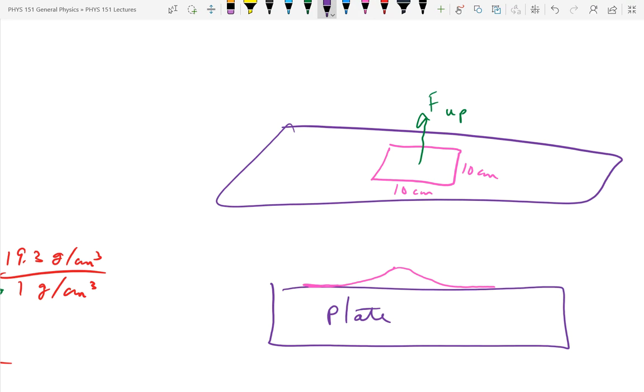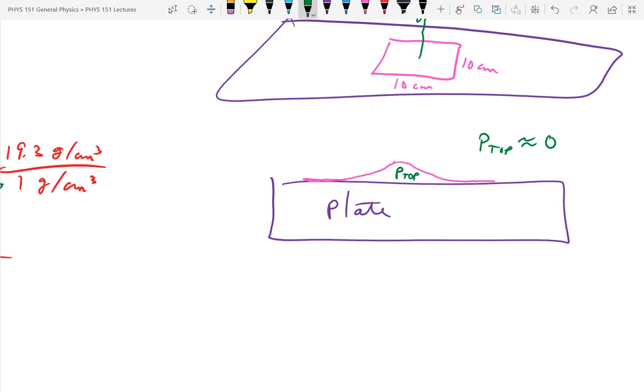We're going to say the pressure in here is approximately 0. Is it really approximately 0? No. It's probably on the order of 100 pascals or more. But compared to atmospheric pressure, it's dropped a lot. And of course, on the bottom of the plate, we have atmospheric pressure.